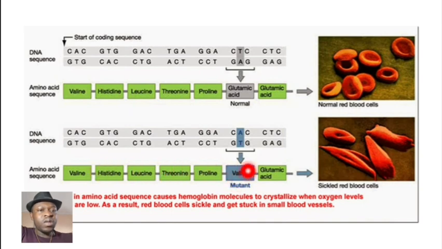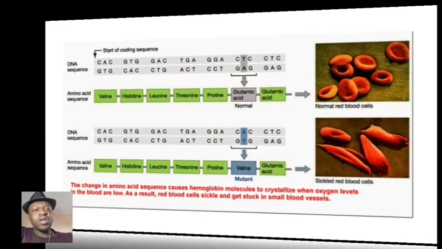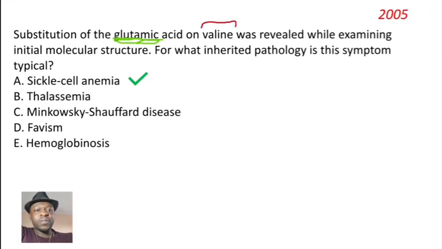Instead of glutamic acid, you now have valine, so it's hydrophobic. It causes the RBCs to be shaped like sickles, so it's called sickle cell anemia. So that's the answer. Next question.